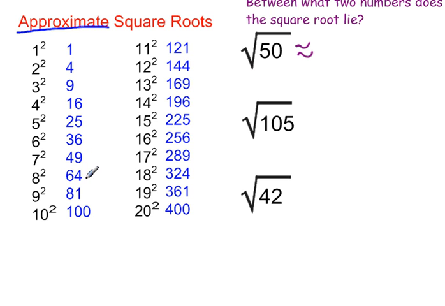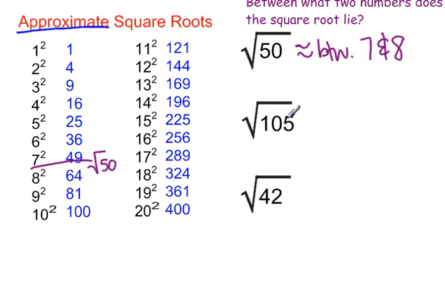Definitely 50 isn't there, but it should go right in between here. The square root of 49 is 7, and the square root of 64 is 8. So the square root of 50 is going to be between 7 and 8. I can tell because of where 50 lies on my list.